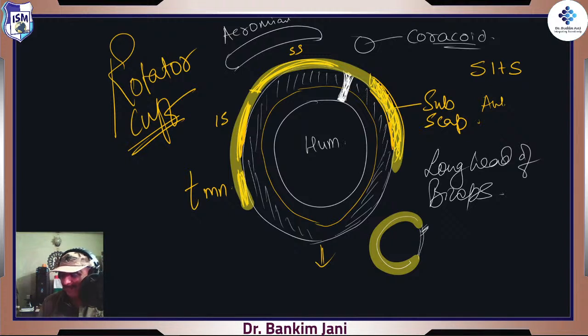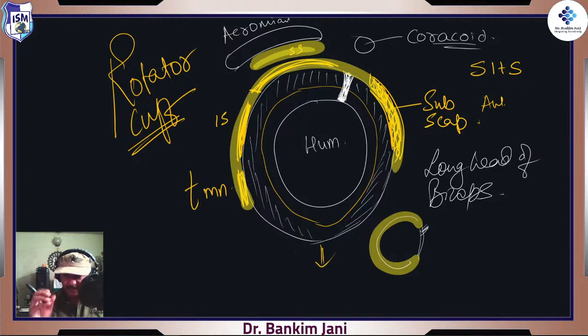Okay. Now we are talking about whenever the bone moves, it leads to friction. Whenever there is friction, it leads to pain. So what has been done is that there are some areas where fluid filled sacs are kept.